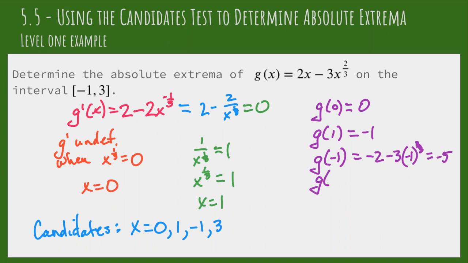And g of 3 is going to be 6 minus 3 times 2 to the 2/3, which I'm going to go ahead and square.